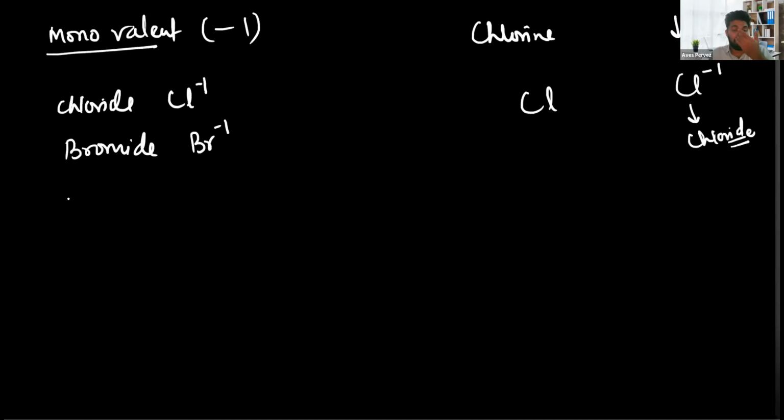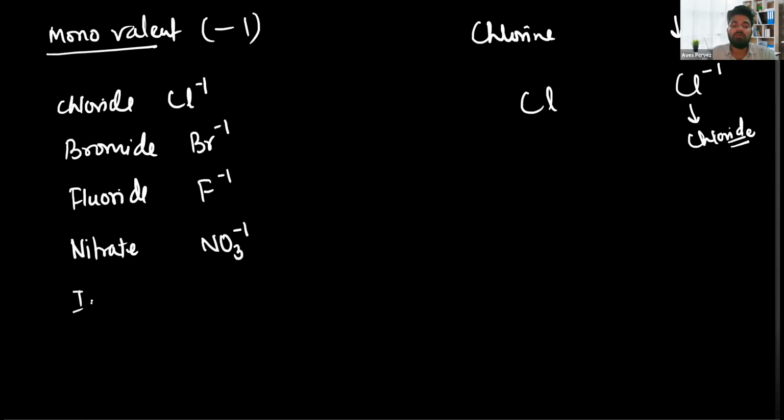And that of fluorine is fluoride, F -1. Iodide is I -1. Then we have nitrate and hydride.